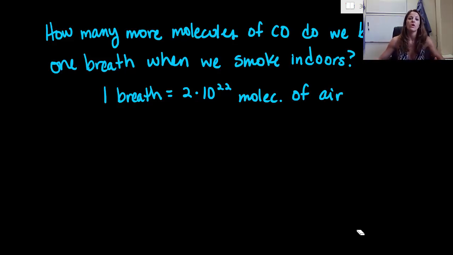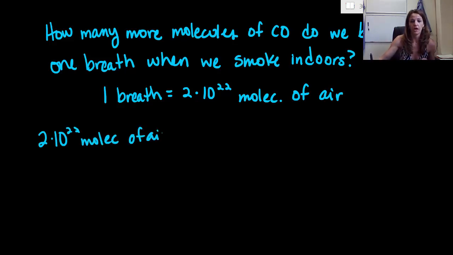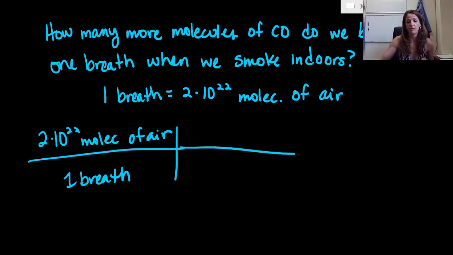So let's start off with how many molecules of carbon monoxide we inhale per breath, just on a regular basis. To start off, we say 2 × 10 to the 22nd molecules of air are consumed in every one breath. Now what we're going to do is take that 35 ppm and convert it to molecules of carbon monoxide.